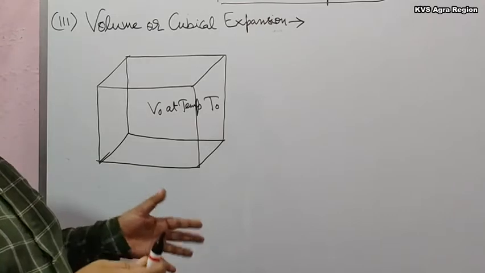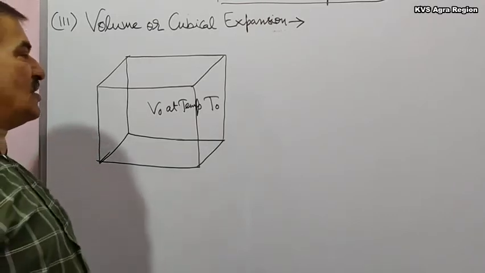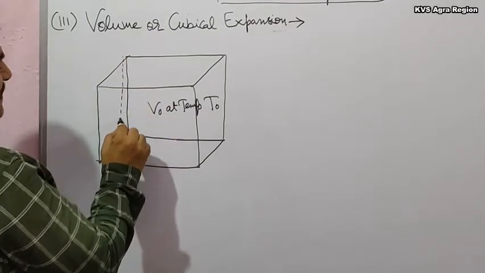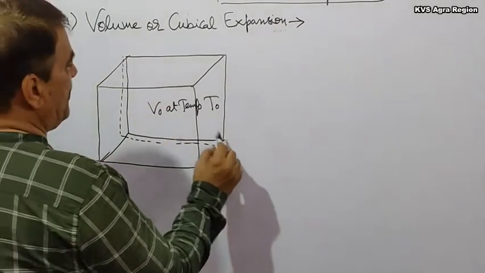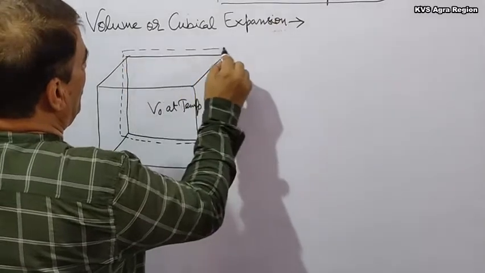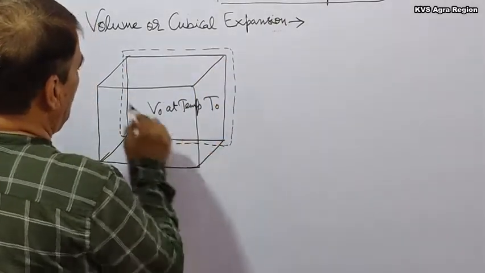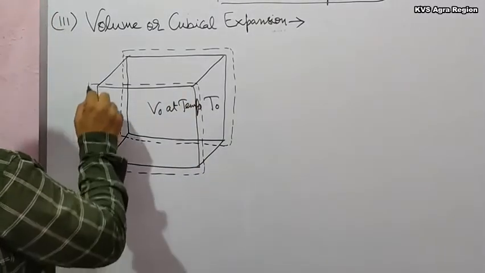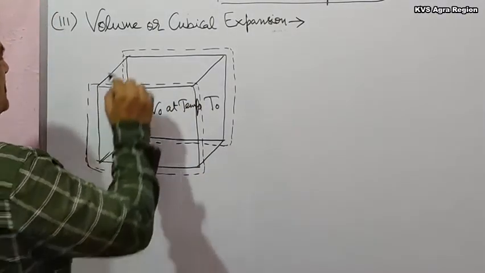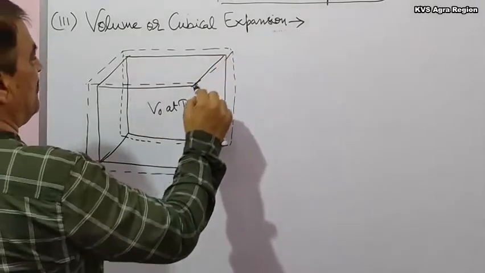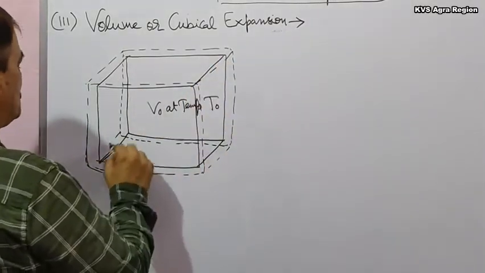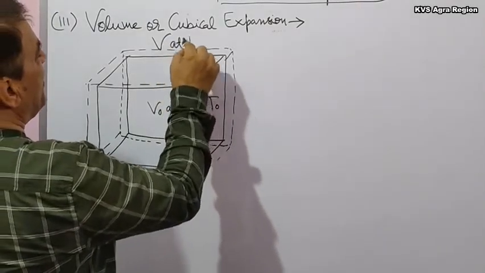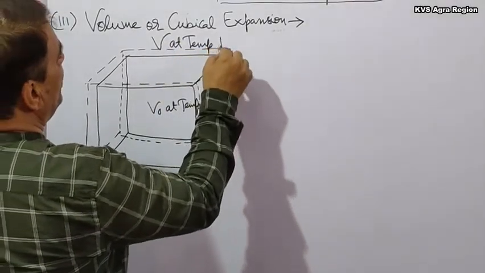Then there will be thermal expansion in this block, there is expansion in each side, and its volume becomes V at temperature T.